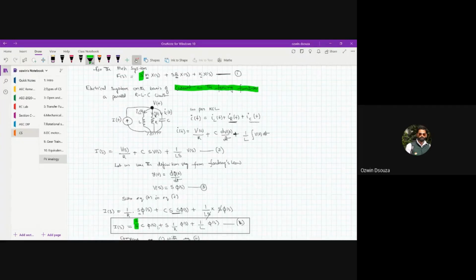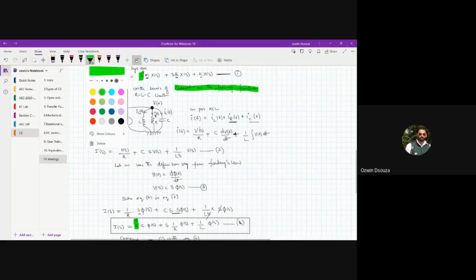So the degree of equation 1 and equation 4 is 2. So both are second order equations. Hence, you can say that both the systems have an identical or similar mathematical model. So when they have a similar mathematical model, you will be able to carry out the analogy.